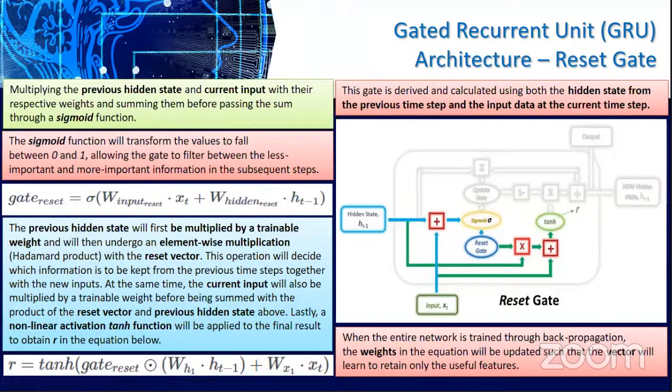Now the same thing with respect to the next variable that you will be calculating every time, which is called R, which indicates a reset. This will be given as tanh of gate reset multiplied by W_H1 into H suffix t minus 1 plus W suffix X1 into X suffix t. You can see here the value of R which I am talking about is this one.